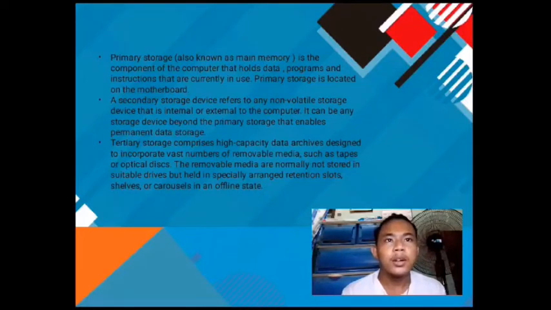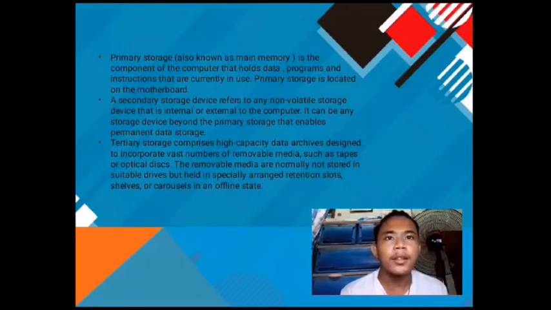A secondary storage device refers to any non-volatile storage device that is internal or external to the computer. It can be any storage device beyond the primary storage that enables permanent data storage.